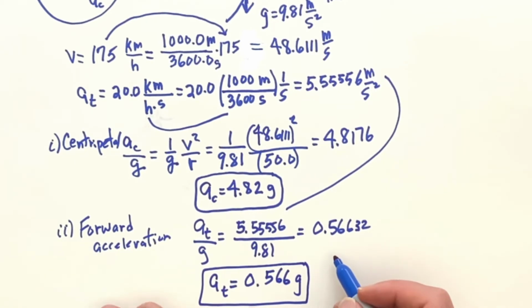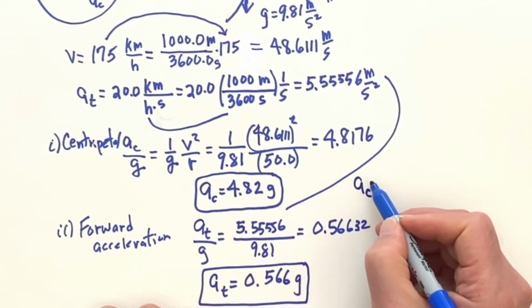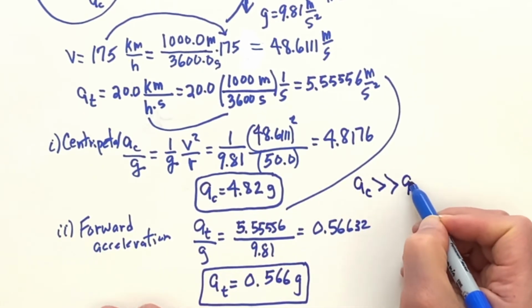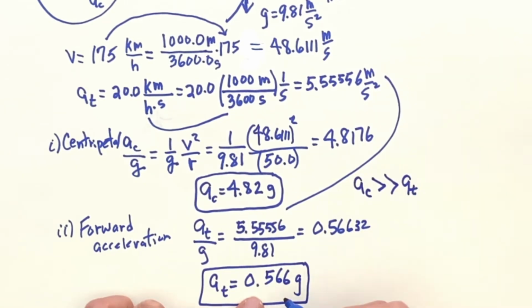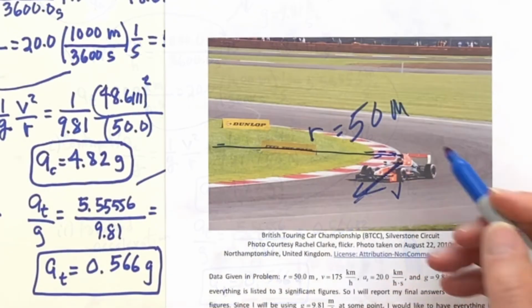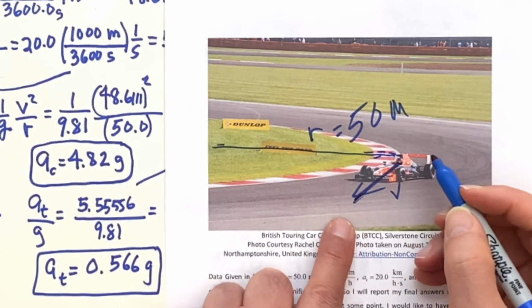Now, notice that the acceleration due to the centripetal case is a lot bigger than the tangential acceleration. It's almost 10 times bigger. The last thing we like to do is find the total acceleration.